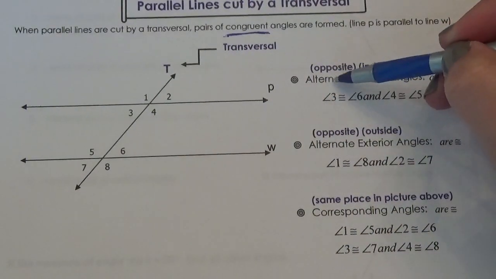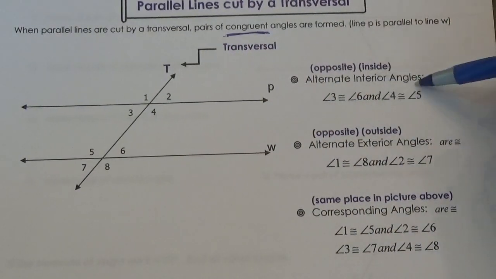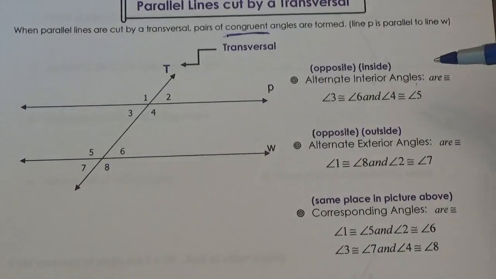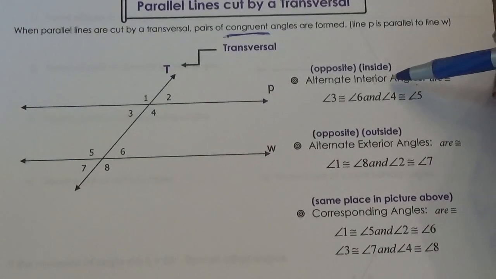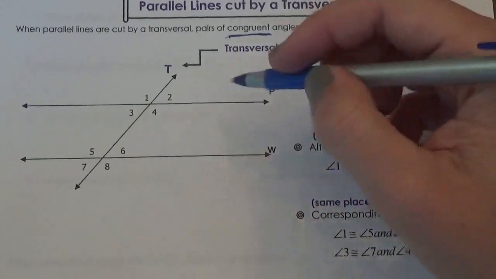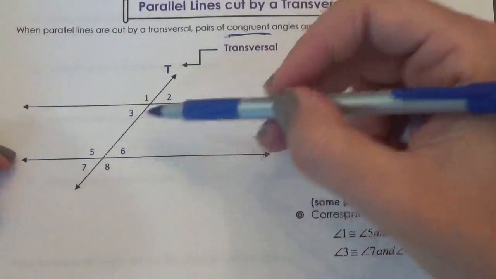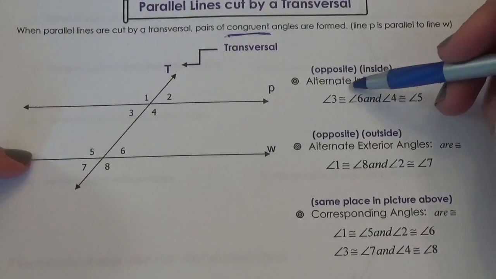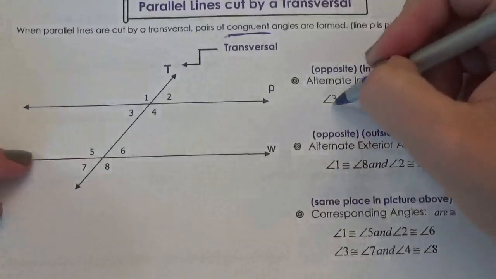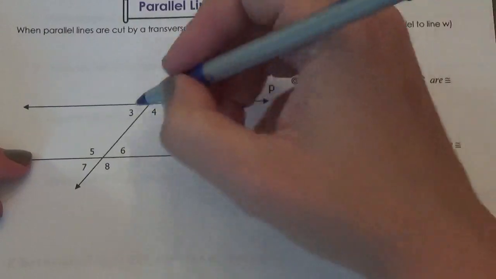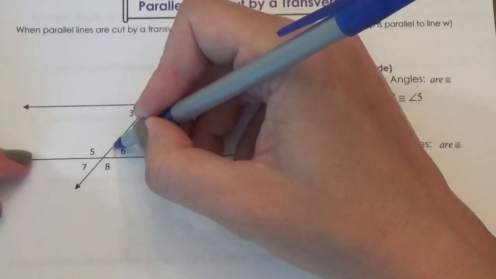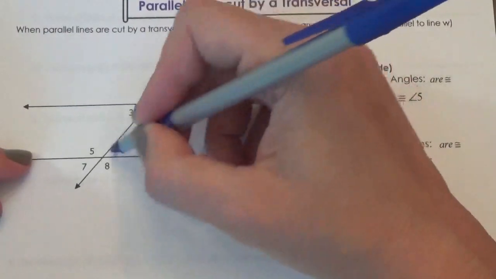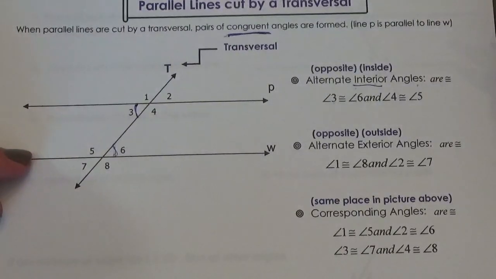So the first one is alternate interior angles, and it's named perfectly. They're going to be on the inside of the parallel lines, so it's 3, 4, 5, 6, they're on the inside, and they're on alternate sides of the transversal. So you can see here, angle 3 and angle 6 are going to be equal to each other.